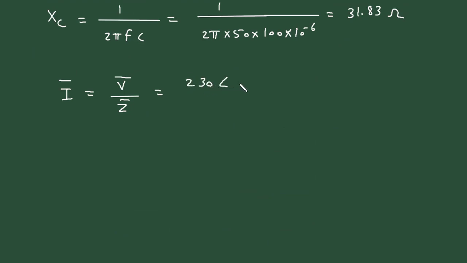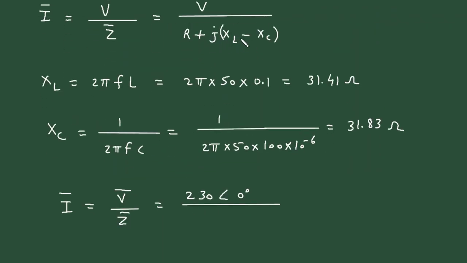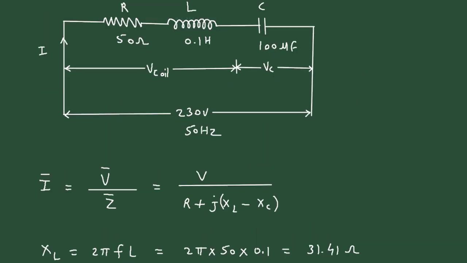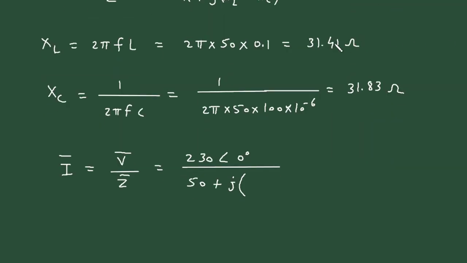So 230 at an angle 0 degree divided by Z. Impedance Z will be R plus j(XL minus XC). The value of resistance R is 50 ohm, so 50 plus j(31.41 minus 31.83).